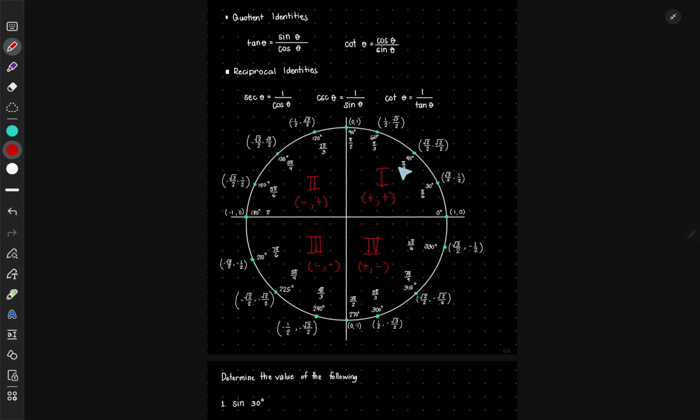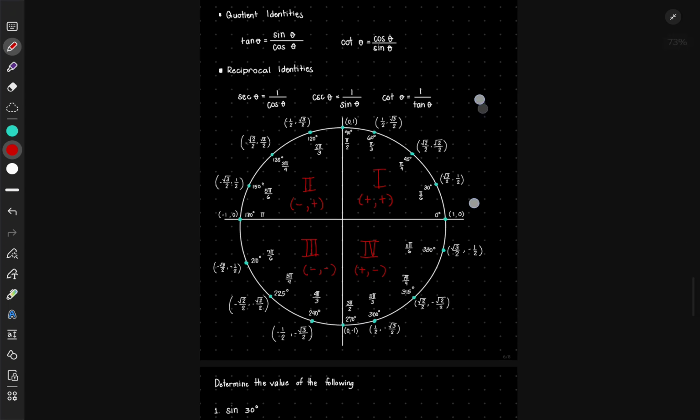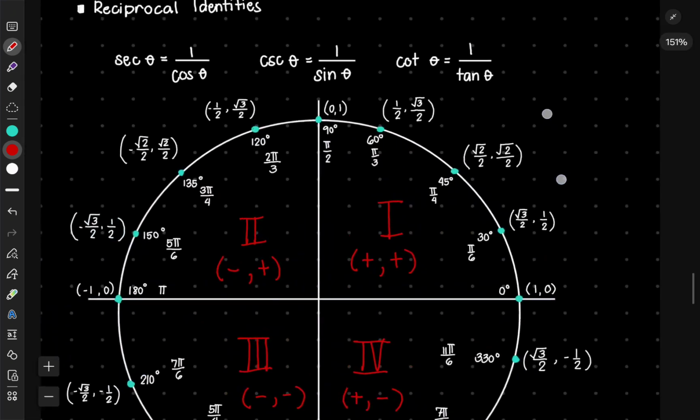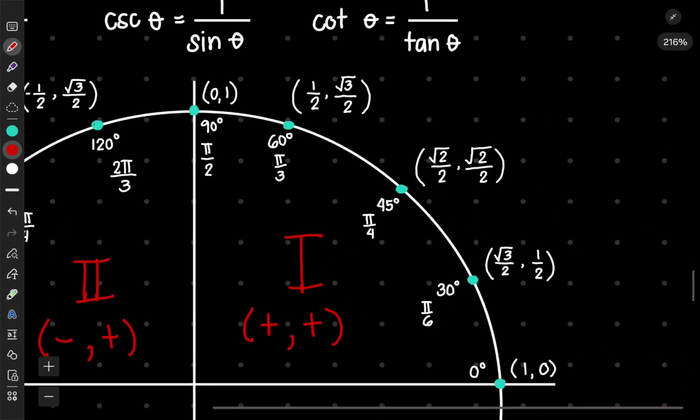Kasi, in a unit circle, yung talagang kailangan lang natin i-memorize is yung nasa first quadrant. And the rest na is, nag-change lang tayo ng signs natin. So, getting to the first quadrant, meron tayo dito from 0 degrees up to 90 degrees.